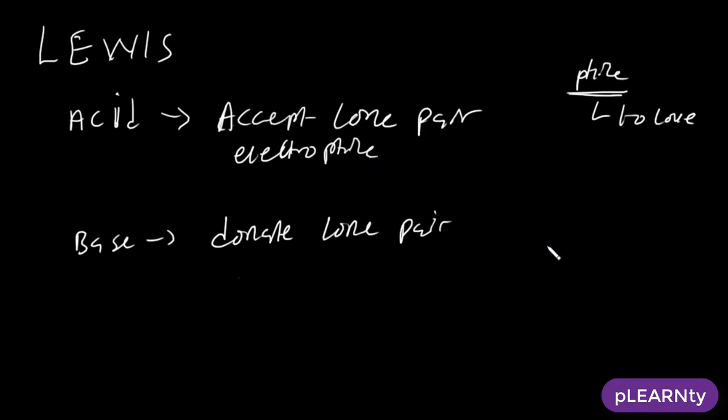As for the base, they are electron rich, and because they are electron rich and we have two charges in an atom, one is from the electron, the other is from the proton, which is found in the nucleus. Then since we call this an electrophile because it does not have electrons, then these that have electrons, we are going to be calling nucleophile because they have more electrons than protons. So they need more protons, so we call this nucleophile.